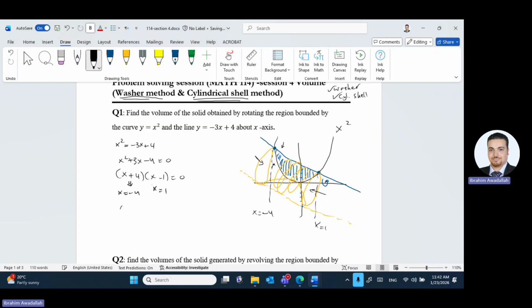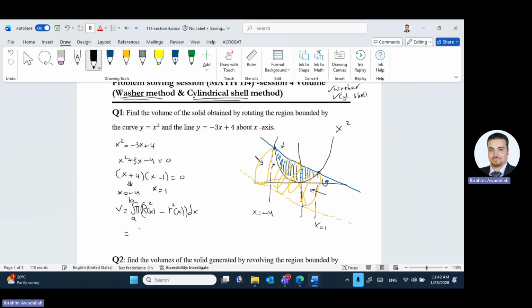So my integration, the volume will be what in washer method? The integration from a to b. Let me say F capital or R capital, it's up to you. I prefer R capital of x square minus r small square of x. Since we have rotating, that's mean by pi, so by here. In the last lecture, I was using half by accidentally, sorry for that. I write in the video that there is no half here.